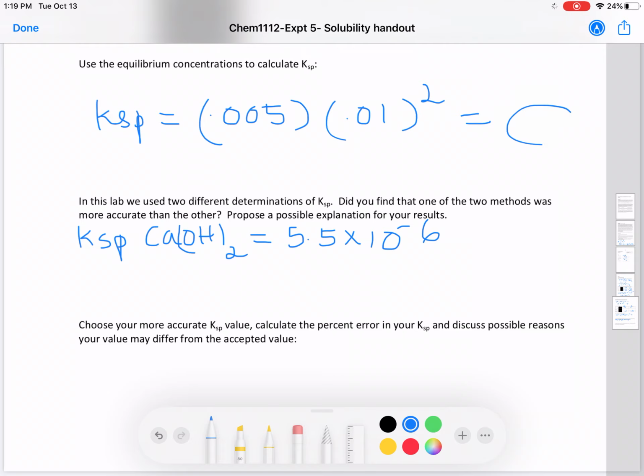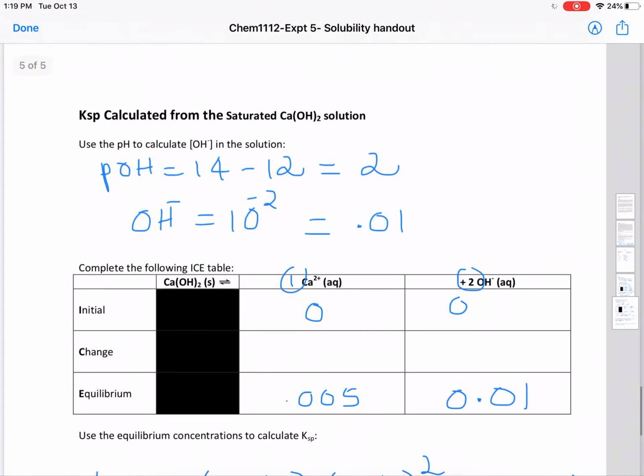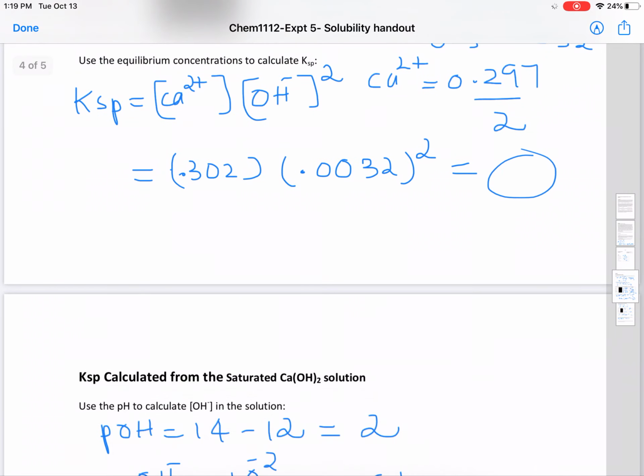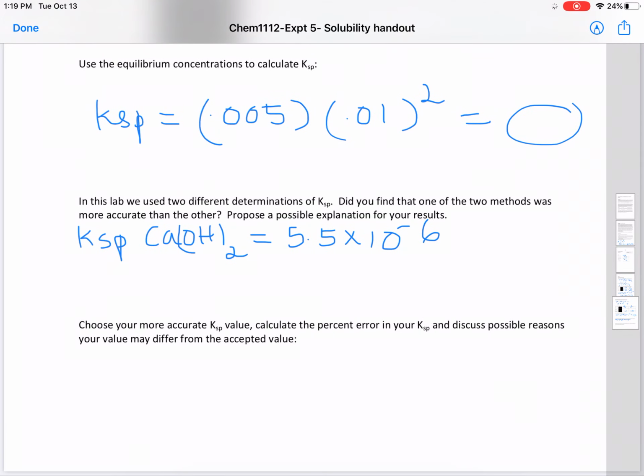Now you're going to be getting an answer here. Also you're going to be getting an answer here. You look at the two values and see which one is closer to the original value. And then you can see which one is more accurate, and then you can come up with some possible explanation for your results.